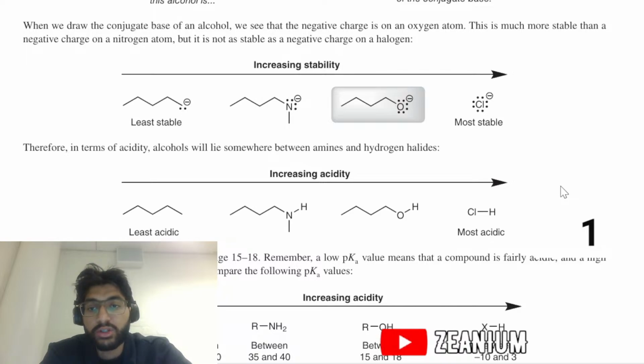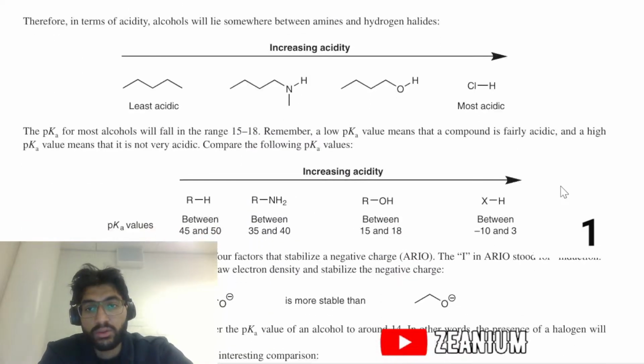Therefore, in terms of acidity, alcohols will lie somewhere between amines and hydrogen halides. The pKa for most alcohols will fall in the range 15 to 18.